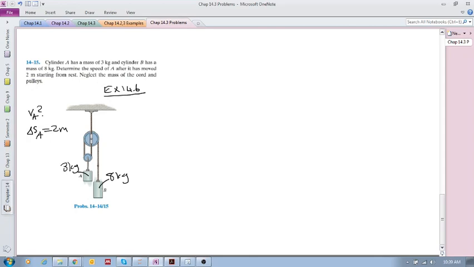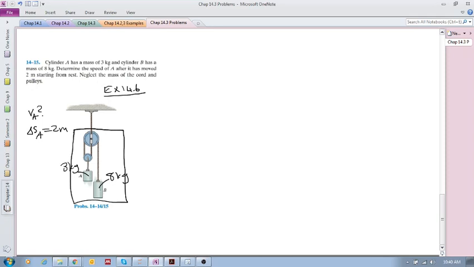But we can eliminate these internal forces, the internal tension in the system, by considering this effectively as our system. That is our system, and inside of our system we have these two moving particles.